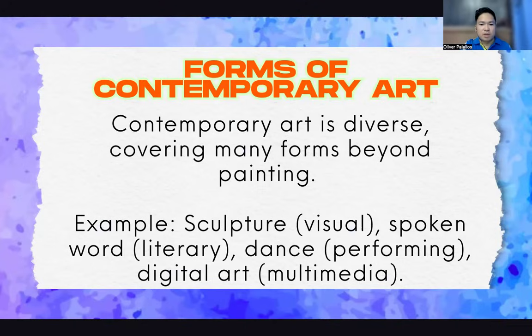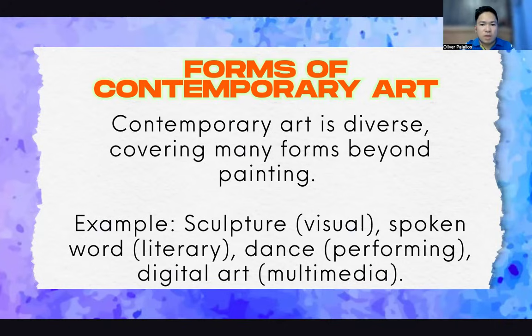So some examples are sculpture as a visual form of contemporary art. There are also spoken word or literary that is also a form of contemporary art. Of course, dancing, live performances, forms of contemporary art as well. Digital art or the multimedia, this is also a form of contemporary arts.